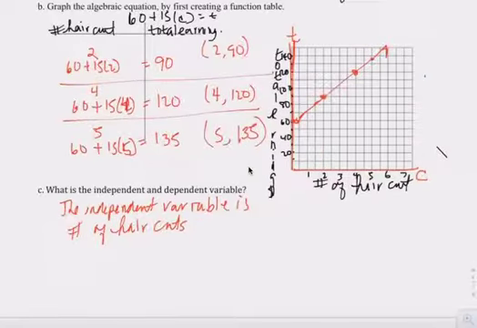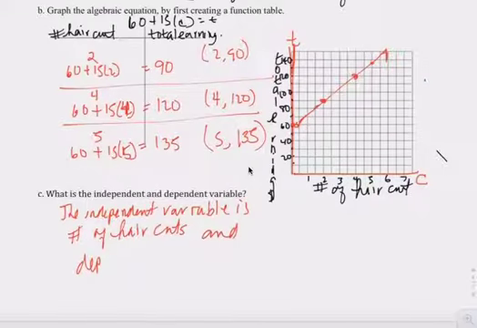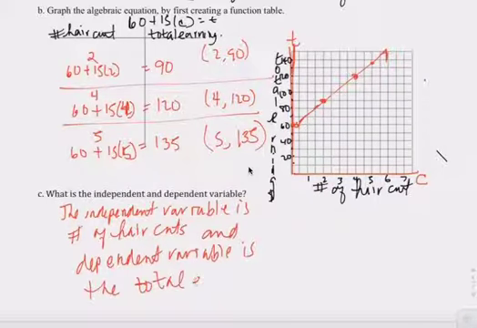And the dependent variable is the total earning per day.